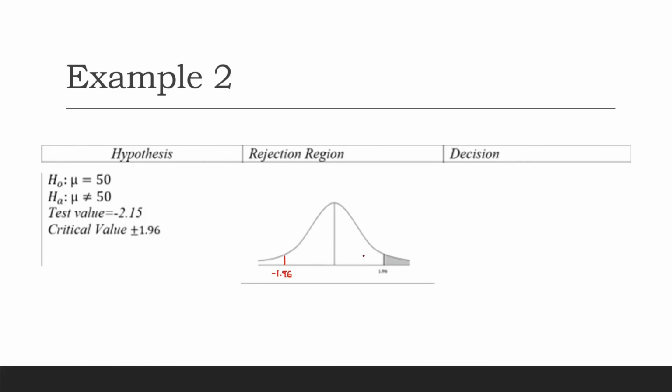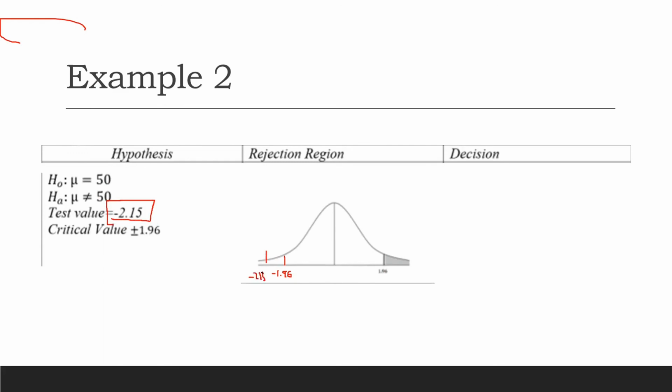Ayan. Now, para makapag-decide tayo, itetest natin yung ating test value. Yung test value natin is negative 2.15. So, nasan ba yung negative 2.15? This is negative 1.96. Then, nandito yung ating negative 2.15.